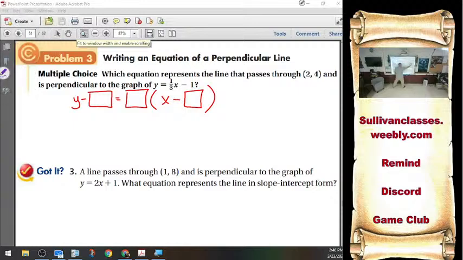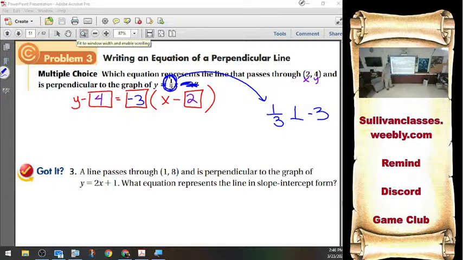I've already got my point. I've just got to get my slope. So I look at the slope. I don't care about this, and I say what is perpendicular to 1/3. Flip, negate, right? -3. So -3 is my slope.